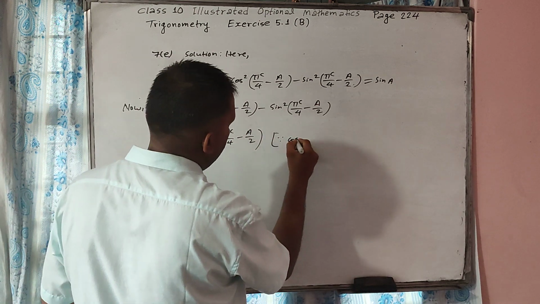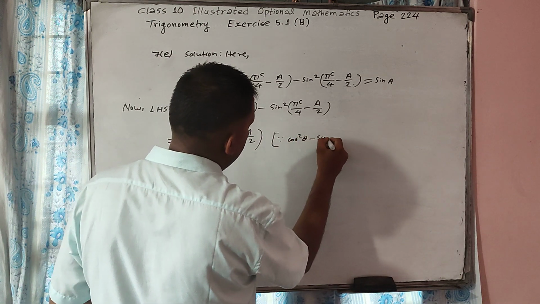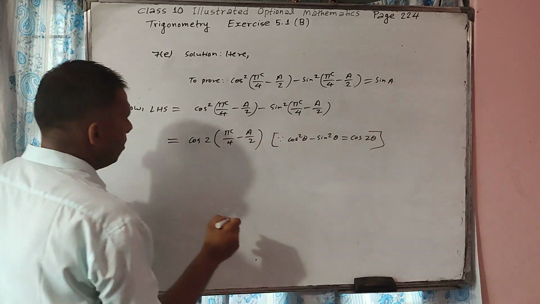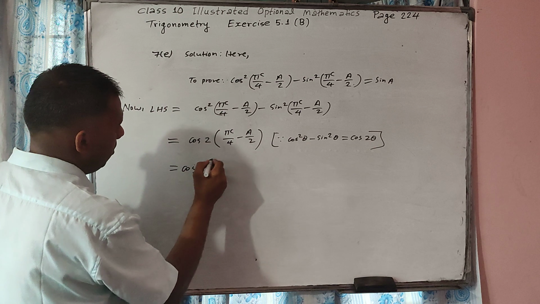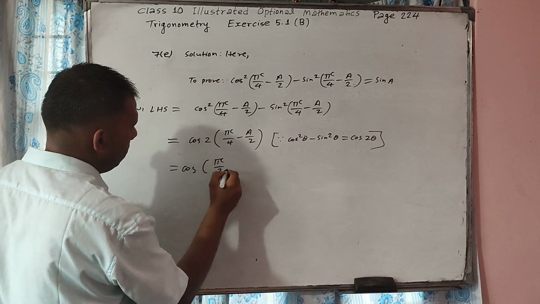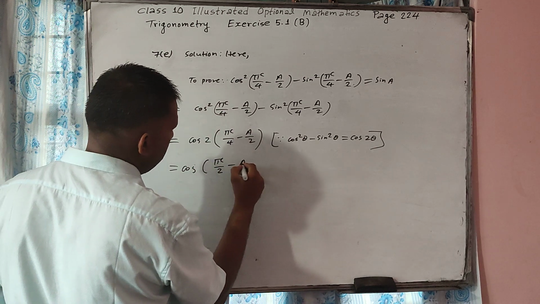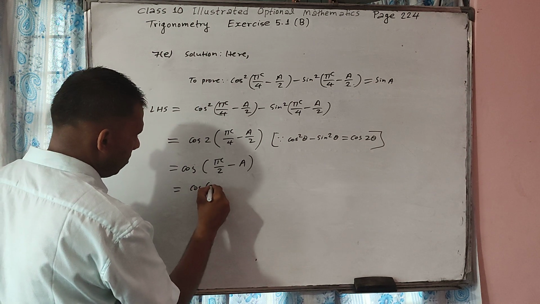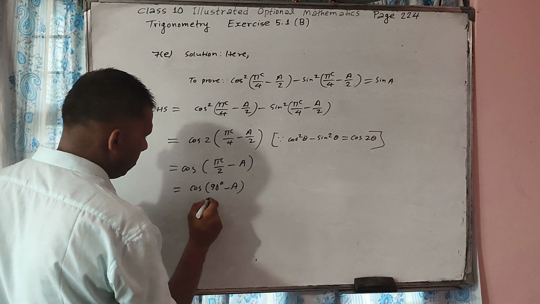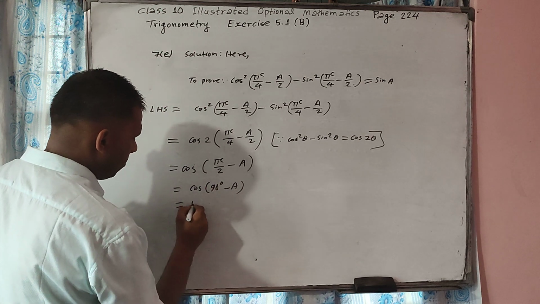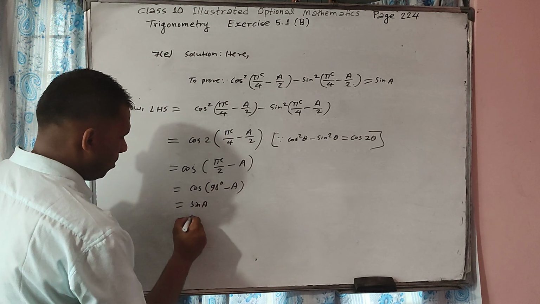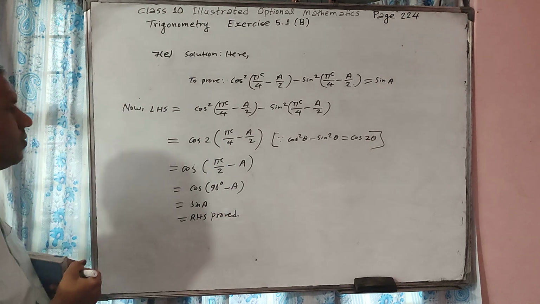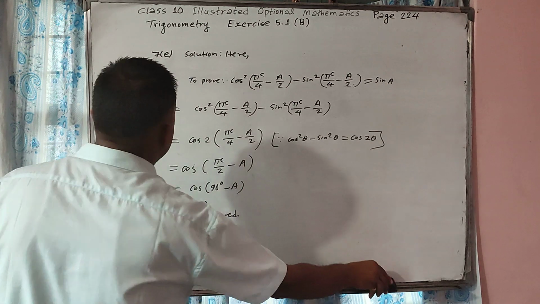Now cos 2 into pi by 4 is pi by 2 minus 2 into a by 2, that is a. Pi divided by 2 is 90 degree, cos of 90 degree minus a equals sin a, equal to RHS, proved. Now we go to next question.